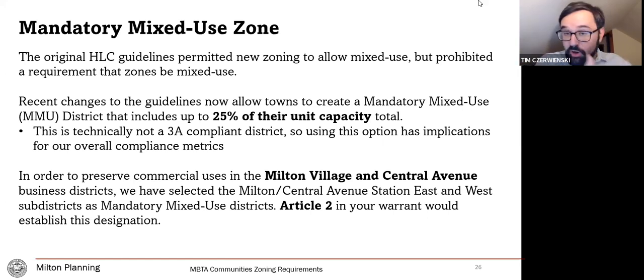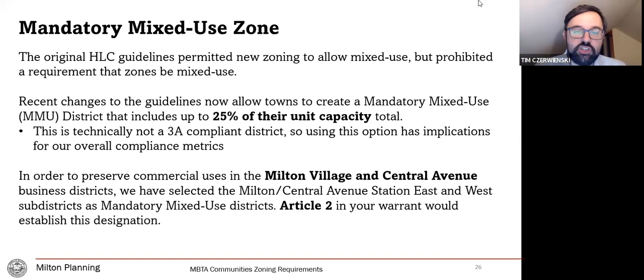We've got a nice new multifamily building, but now we've also lost commercial uses, which add commercial tax base to the town. They add vitality to the district. A lot of towns saw these guidelines and were like, so many of our business districts are also in our transit areas, and we are running the risk of losing vital commercial spaces if developers were to decide to only develop multifamily instead of mixed use.